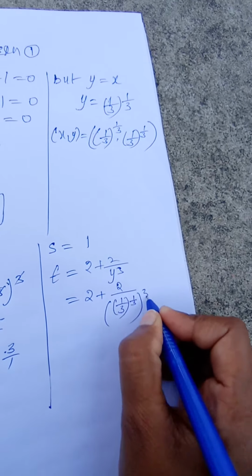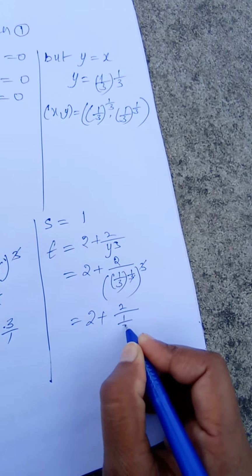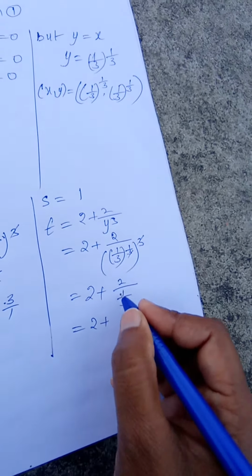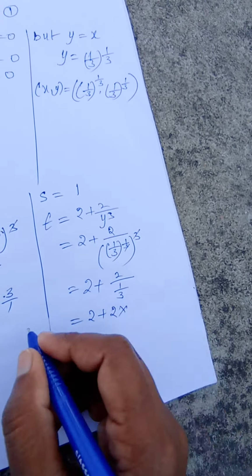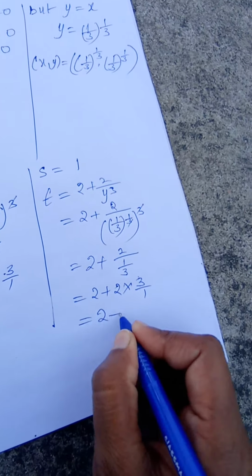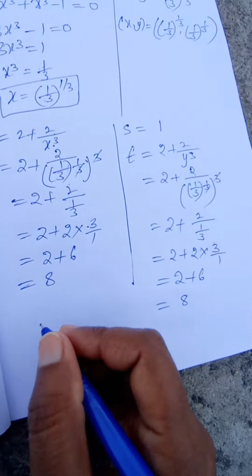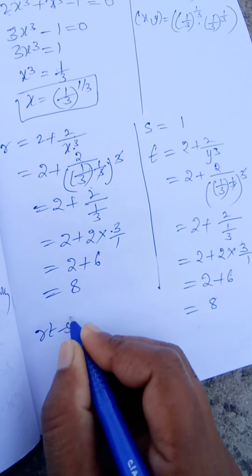This is cube, so cube gets cancelled. 2 plus 2 by 1/3. So 2 plus, this is one fraction, this is another fraction. Inverse of 1/3 is 3/1. 2 plus 2 into 3 is 6. So this is 8.